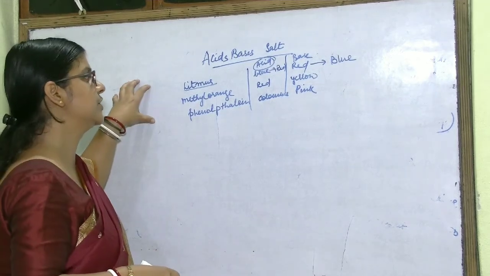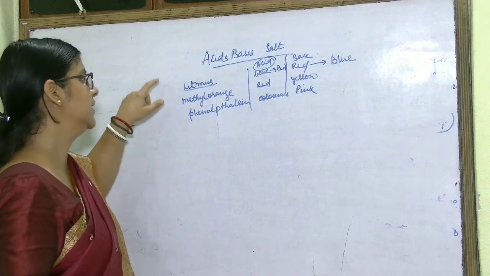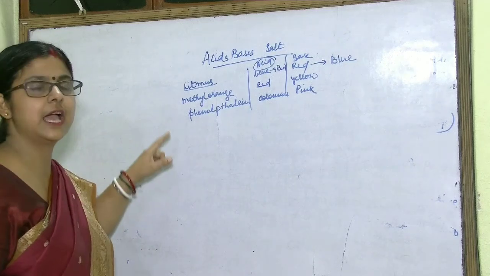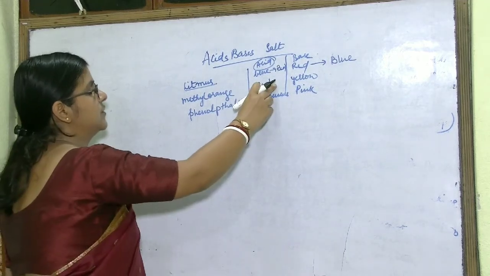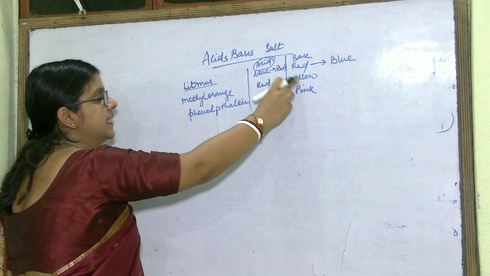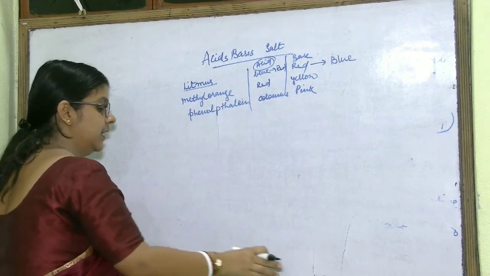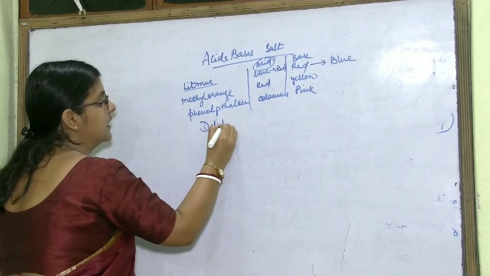So please note it down. Some of the indicators: litmus, methyl orange and phenolphthalein. So what is the color of the solution in acidic solution, in basic? You will study this. Next we will discuss dilution of acid.